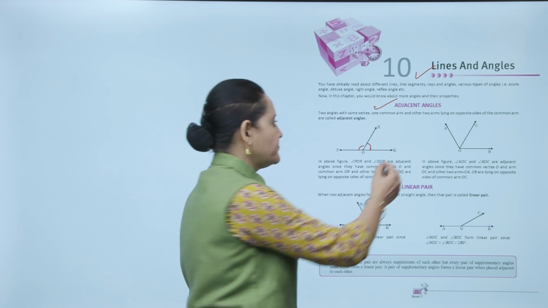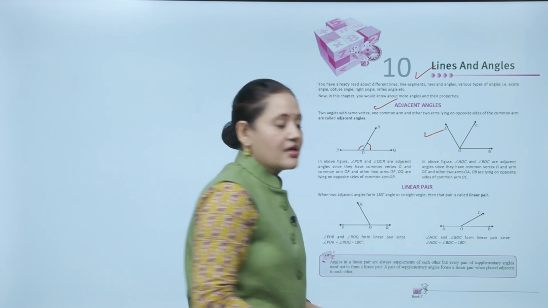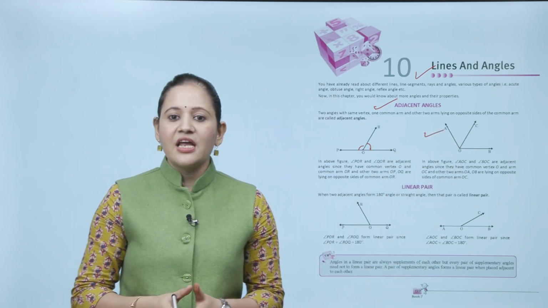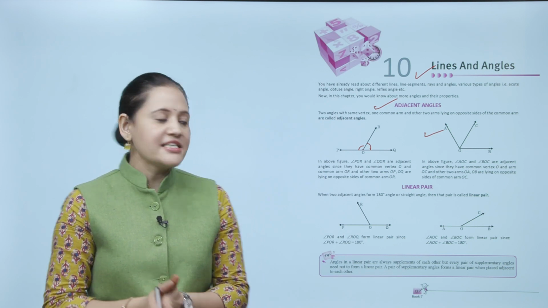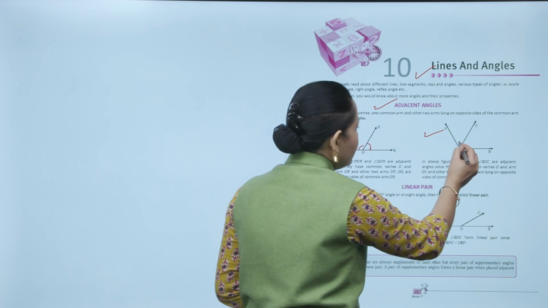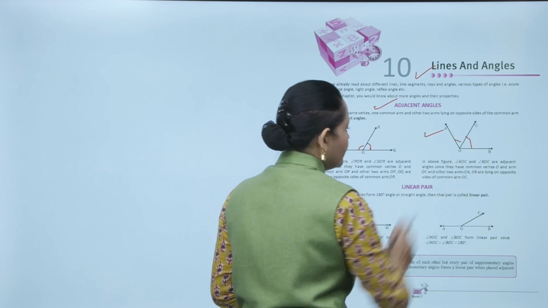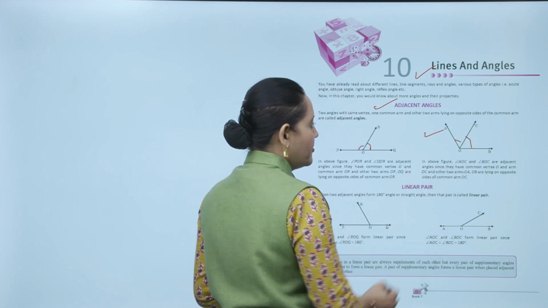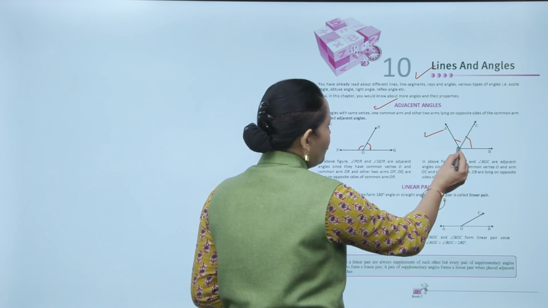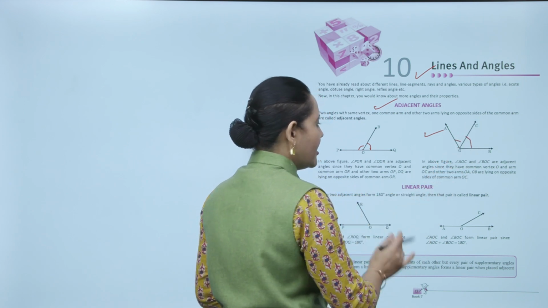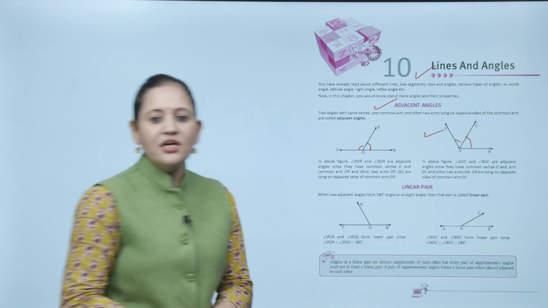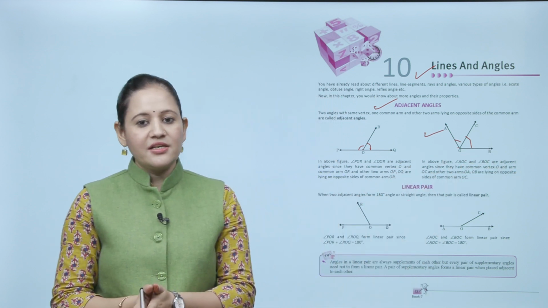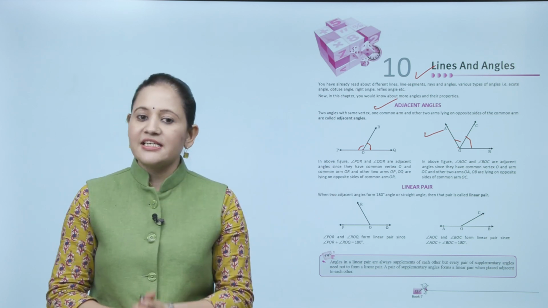In this figure, angle AOC and angle BOC are adjacent angles because they have a common vertex O, a common arm OC, and the other two arms OA and OB lying on opposite sides of the common arm OC. Clear? So these are adjacent angles.